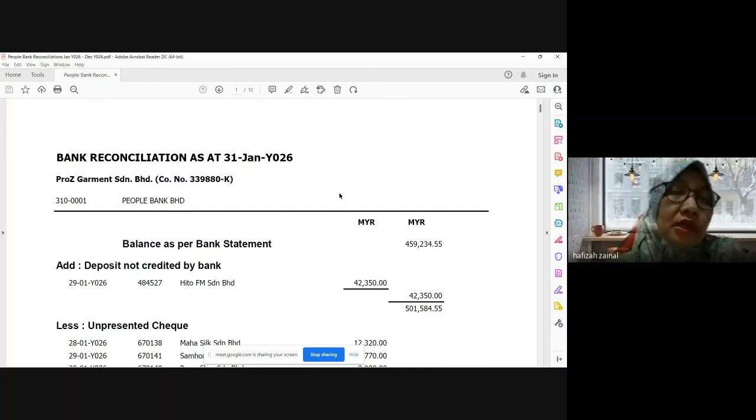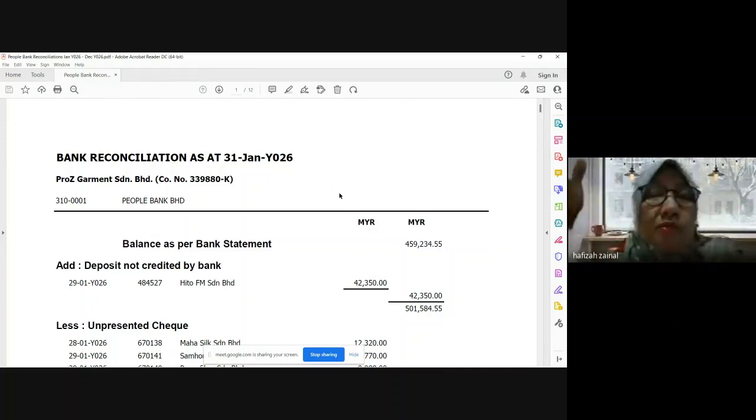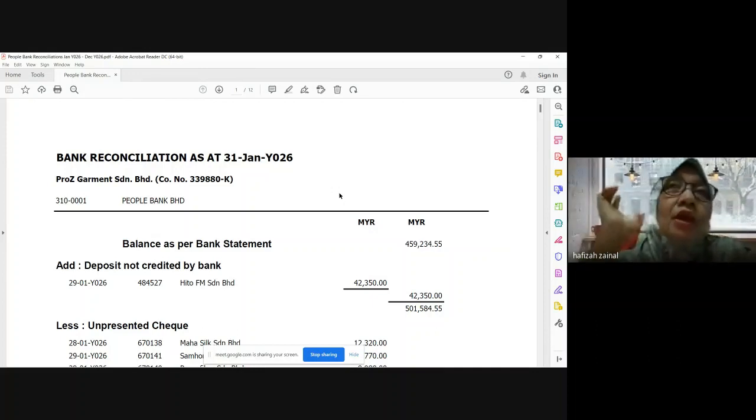So these are the controls. The first must be done monthly so that we know, on an ongoing basis, what items keep coming in from January up until December. That's why we have to do it monthly. And then someone prepares, someone reviews and checks.